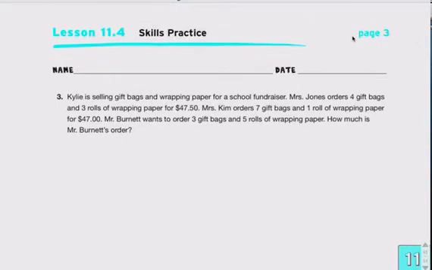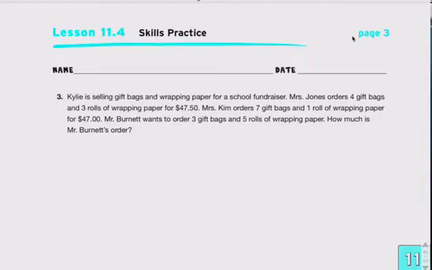Okay. This question, let's go to the... Okay, Kyle is selling gift bags and wrapping paper for a school fundraiser. Mrs. Jones ordered 4 gift bags and 3 rolls of wrapping paper for $47.50. Mrs. Kim ordered 7 gift bags and 1 roll of wrapping paper for $47.